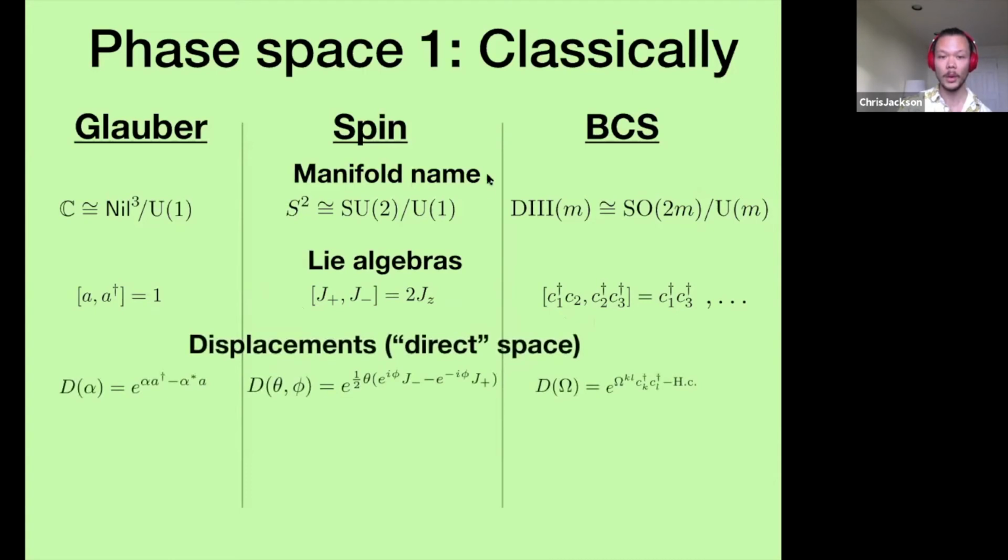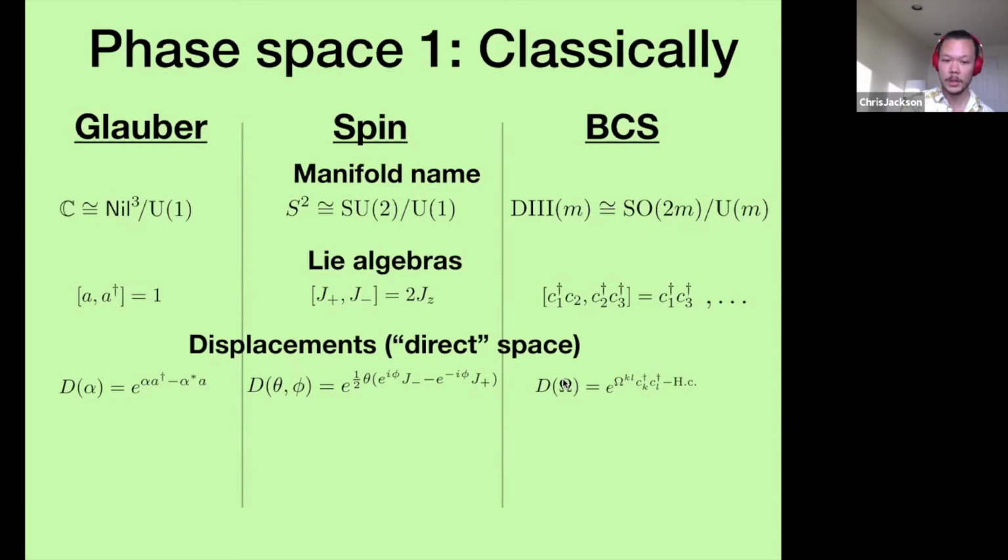When you think about the manifold geometrically, you should appreciate that there are really two canonical things you would want from a manifold. One is to know what it means to move around. That's what these displacement operators are doing, telling you how to move around these spaces.